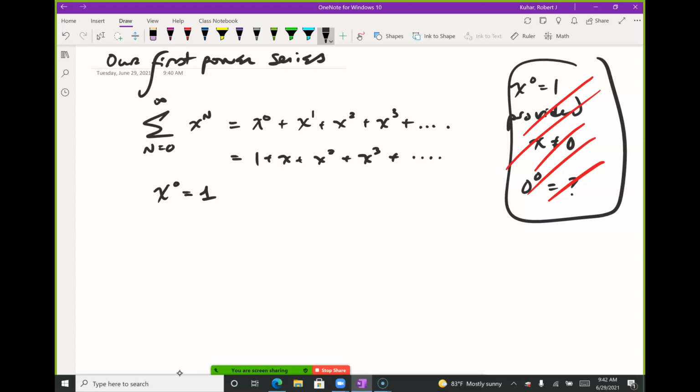It's also kind of geometric, right? It's very geometric. I can see I'm multiplying by x every time, right? And if I want this particular thing to converge, what kind of x's should I be able to plug into it?